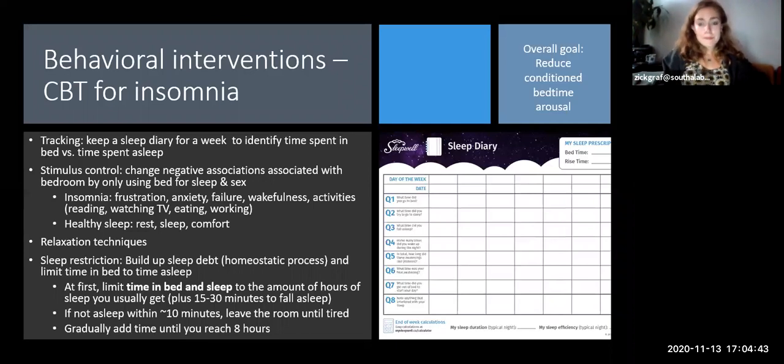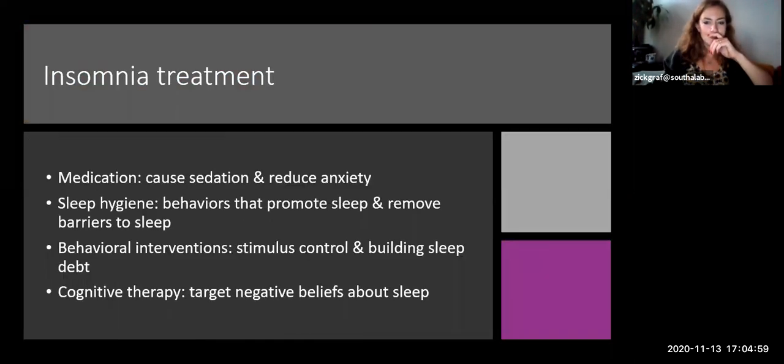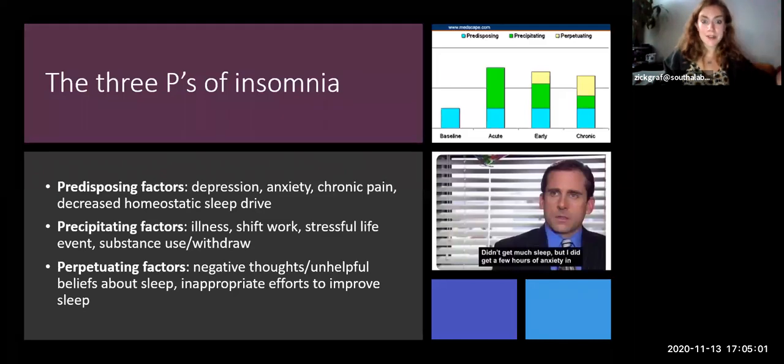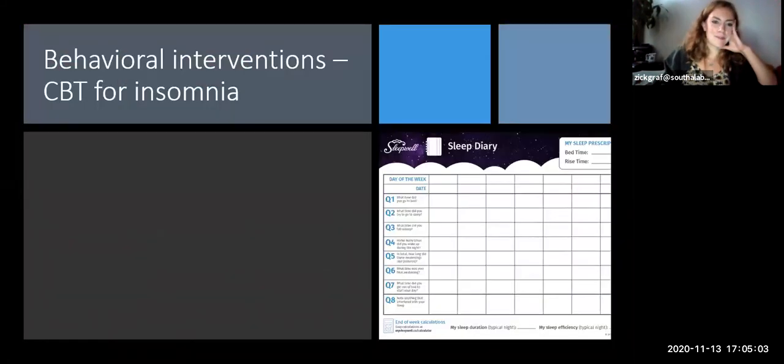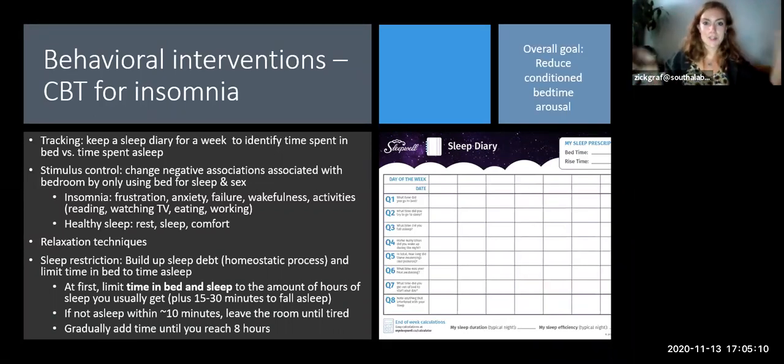So the overall goal is to reduce conditioned arousal at bedtime, as well as to promote relaxation and sleep pressure before someone goes to bed. But it's really important when someone has a lot of, gosh, I can never remember the other P, I'm so sorry, when someone has a lot of perpetuating factors, which we also call maintaining factors in psychopathology, and we only call them perpetuating factors in insomnia because there's 2 other Ps.